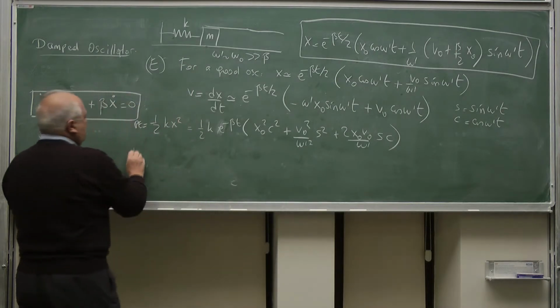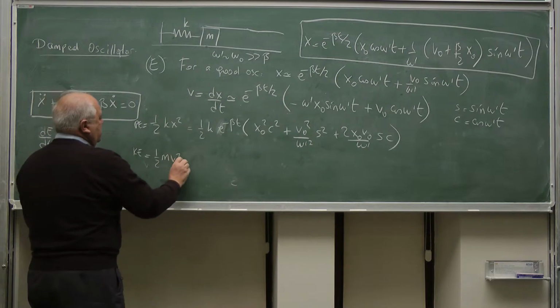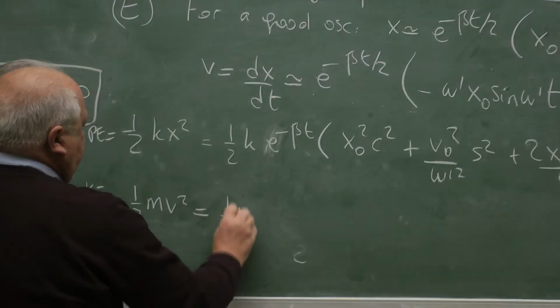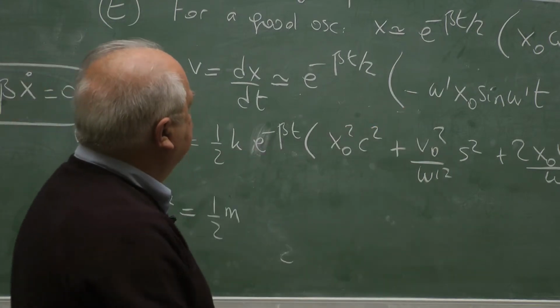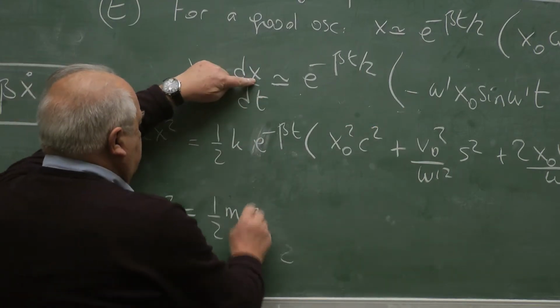And kinetic energy is 1/2 m v squared. This is 1/2 m. Now I will take the square of this term, e to the minus beta t.